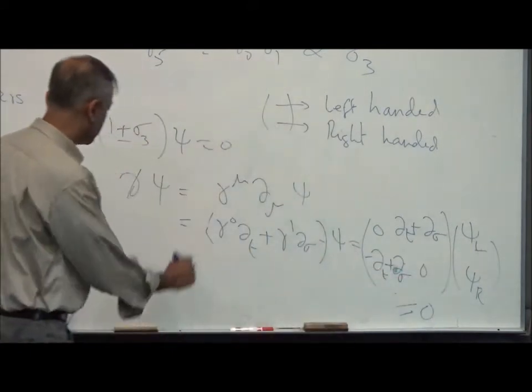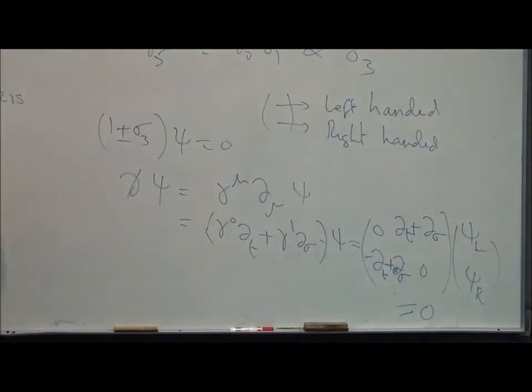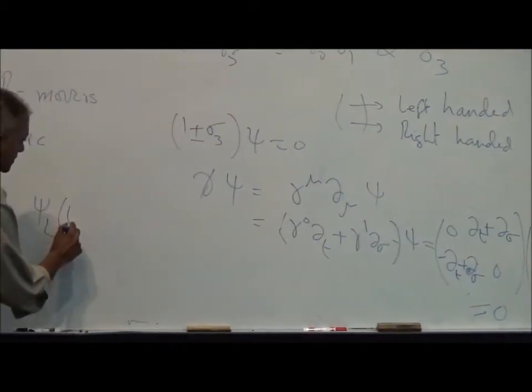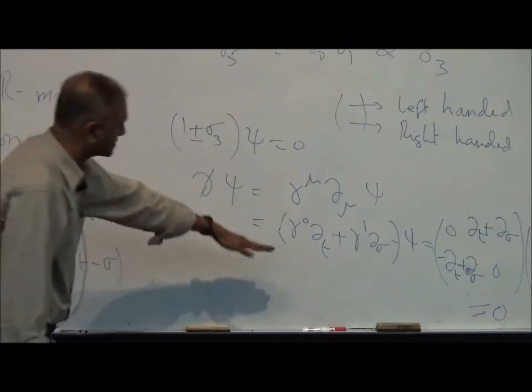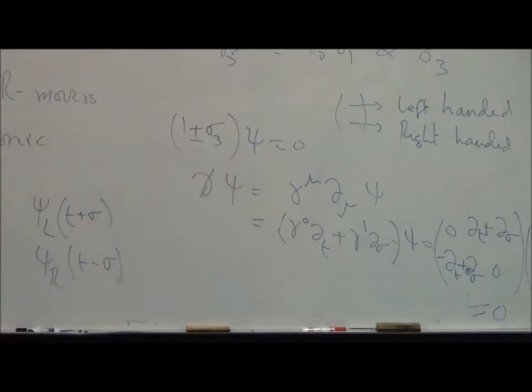So the most general solution of this equation is that psi left is only a function of t plus sigma, and psi right is only a function of t minus sigma. That shows that the handedness and movingness are correlated. Because of this, such a statement makes sense.